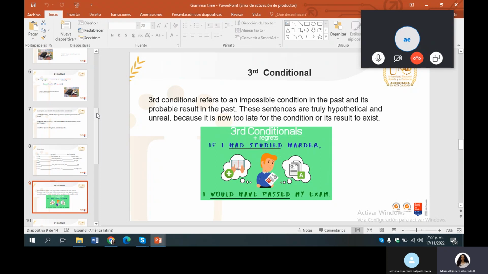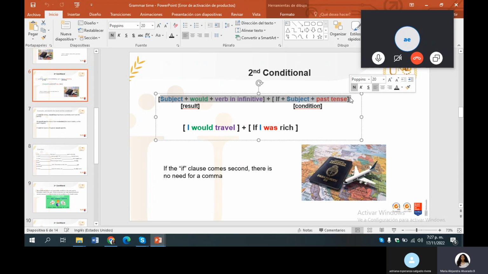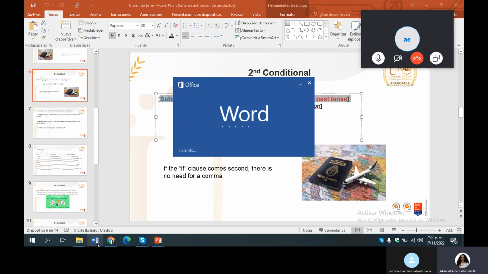We already see that both second conditional and third conditional have rules. So let me see here. This is the rule. Let me open my Word, that could be a little bit easier.